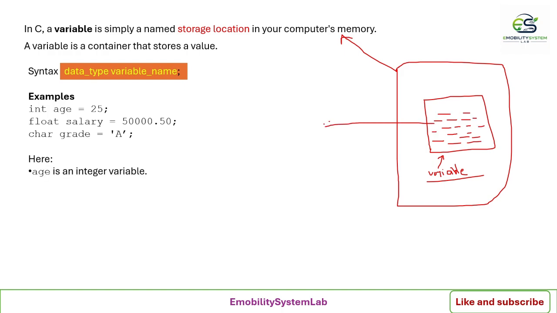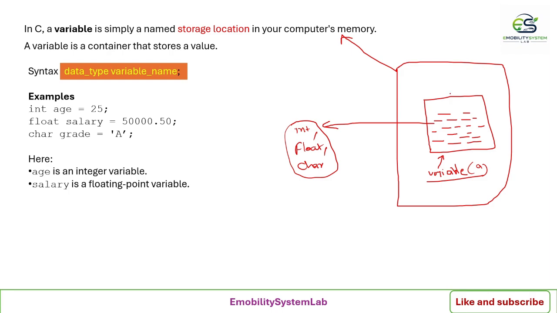This data can be of multiple types: it can be integer type, float type, or character type. And we give some name to this variable. Suppose I am giving the name A.